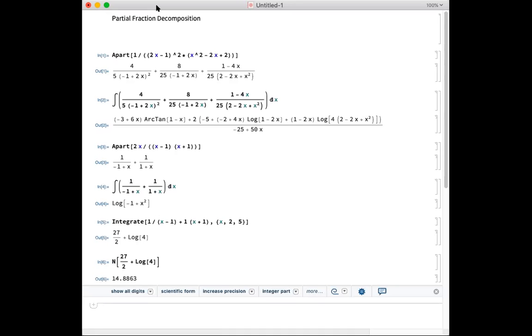But then don't work through it by hand. Use some sort of technology to come up with the result of that and then integrate it. I'm going to leave that for you guys for just a second.